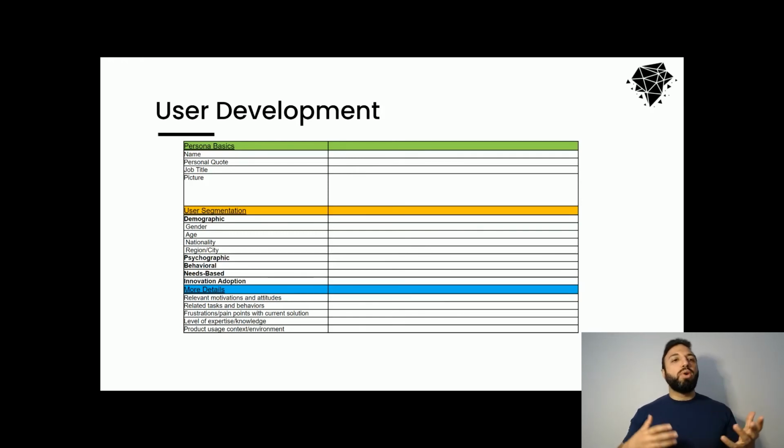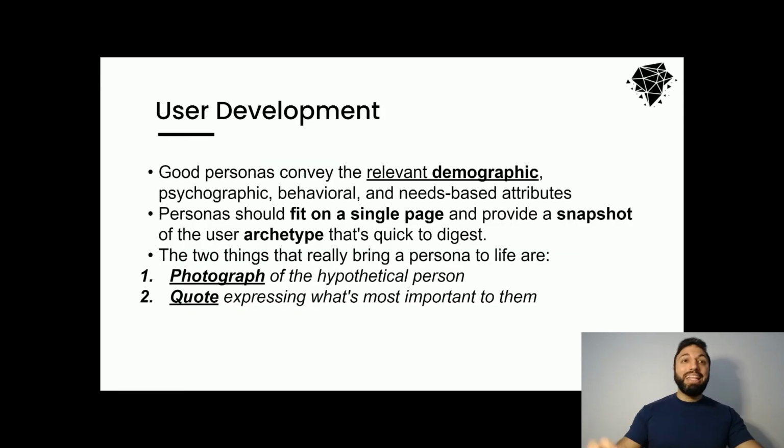But what are the motivations of that person? What are the attitude, behaviors, frustrations and pain points with the current products? Level of expertise and knowledge with the product usage and context. And again, I said hypothetical, but I did not say imaginary.